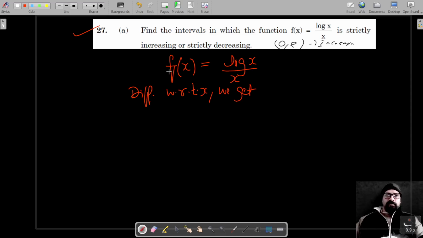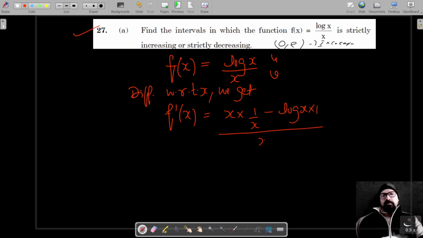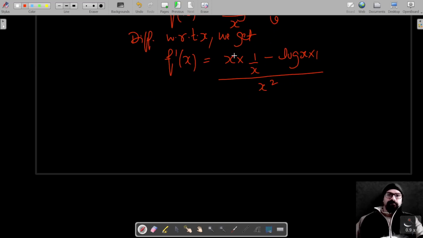We are going to use the quotient rule here: v into the differentiation of u, which is 1 by x, minus u into the differentiation of v, which is 1, upon v square, which is x squared. So f dash x is equal to 1 minus log x upon x squared.